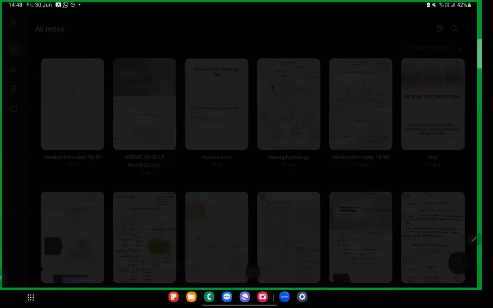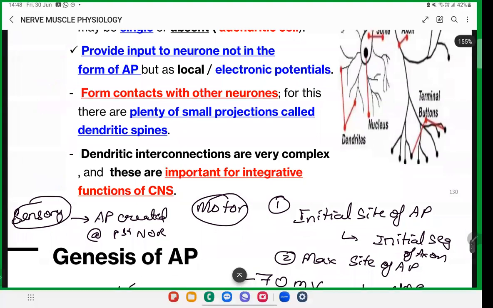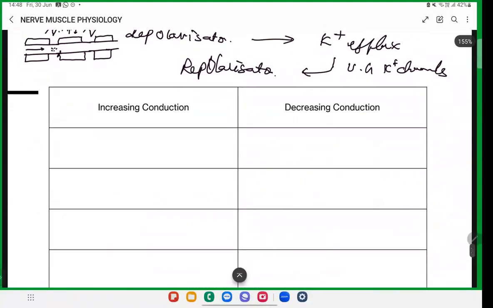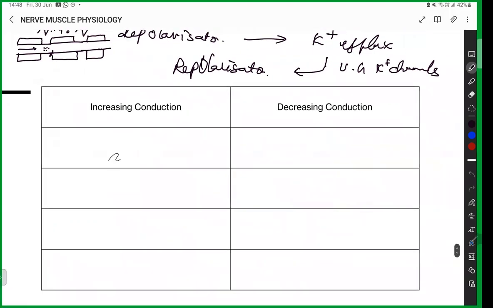So now straight away I'm moving towards the factors that are going to increase the conduction and the factors that are going to decrease the conduction. Remember, conduction is increased by myelination, number one, whereas unmyelination decreases conduction.